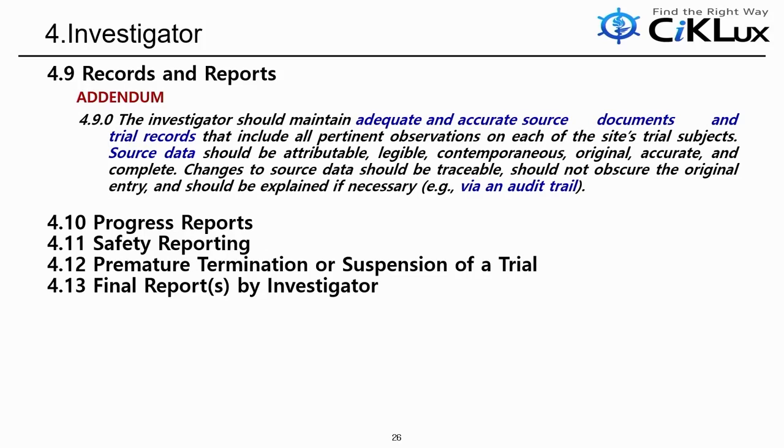However, the investigator should maintain adequate and accurate source documents and trial records. And here, source data should be managed well because there can be many changes made, and therefore the original record needs to be well kept and managed via an audit trail.